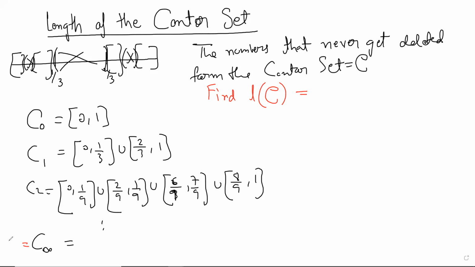This is the same thing which I'm using. 2 by 9 comma 3 by 9. It should be 3 by 9, right? Sorry. Yes, right. Absolutely. How can it be 1 by 9?